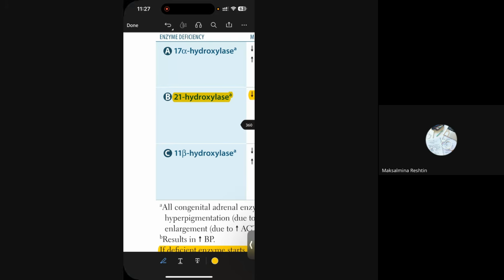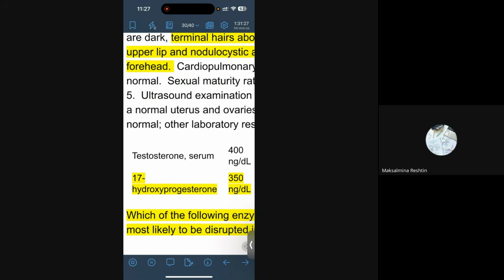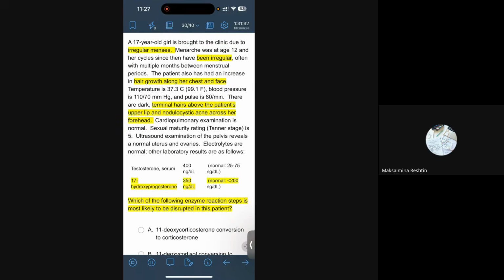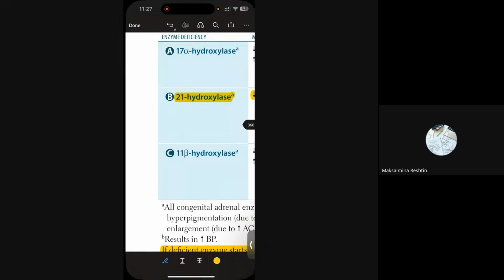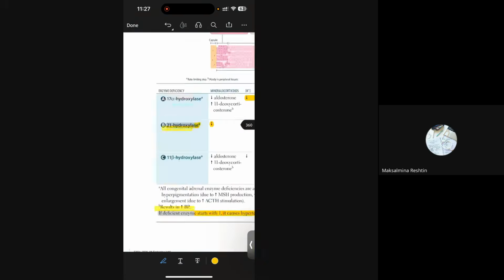Now to differentiate between these two, he has also given 17-hydroxyprogesterone levels, which are elevated. We have to see in which one 17-hydroxyprogesterone levels are elevated: 21-hydroxylase or 11-beta-hydroxylase.